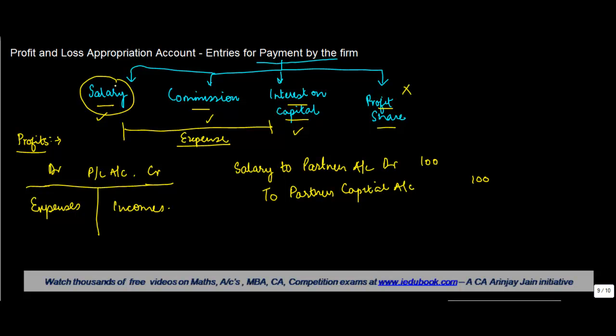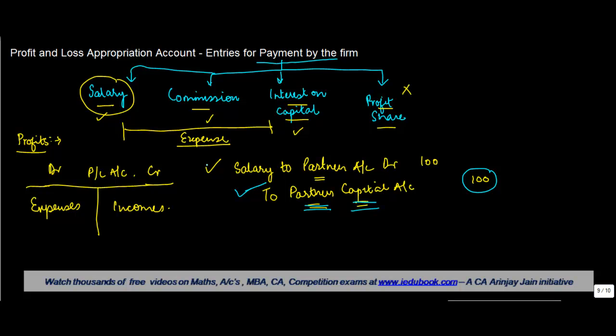Similarly, just like any other expense, you will also pass an entry like this. You debit the salary to partner account, which is an expense account insofar as appropriation is concerned, and you credit the partner's capital account because it is becoming due to a partner, it is payable to a partner, hence you show this as a liability, and an increase in a liability is credited, so we credit the partner's capital account.